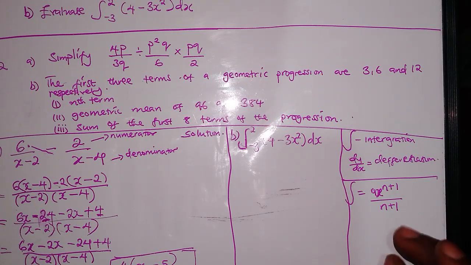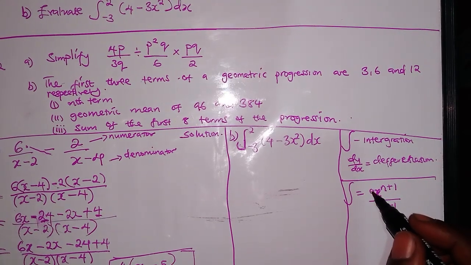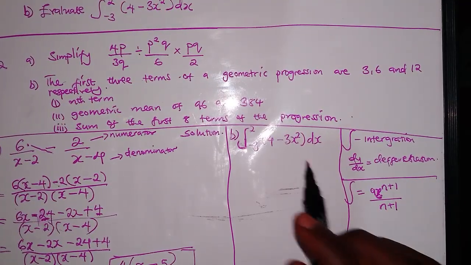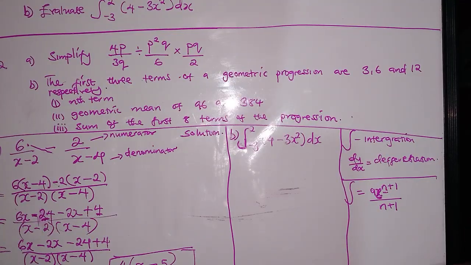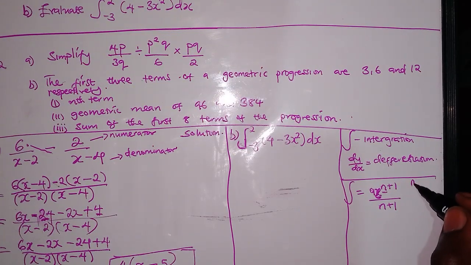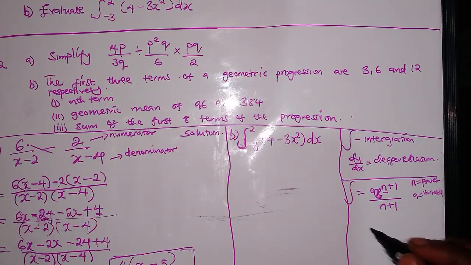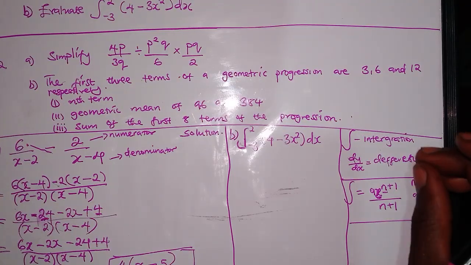So what do these symbols mean? The letter A means the number, whilst x means x. Then N is just the power. So N is the power and A is the variable or the number. So this is the formula which we use for integration.